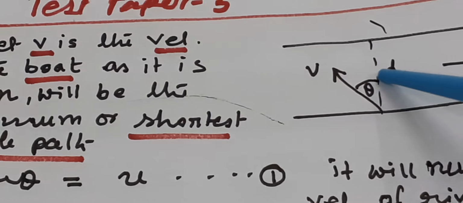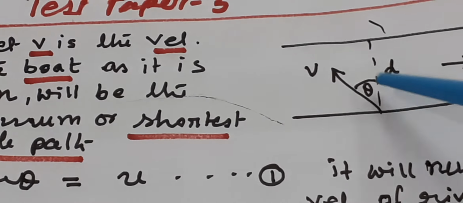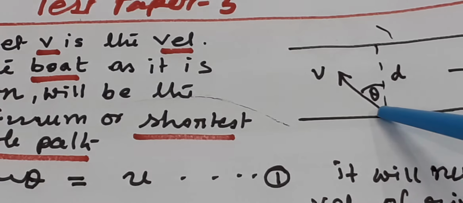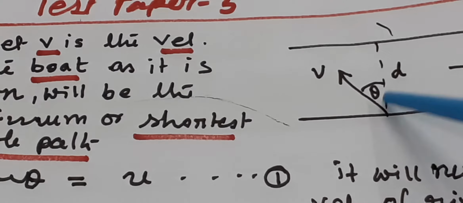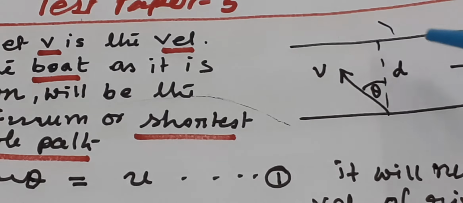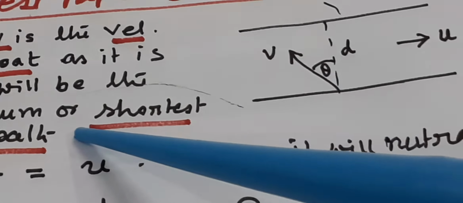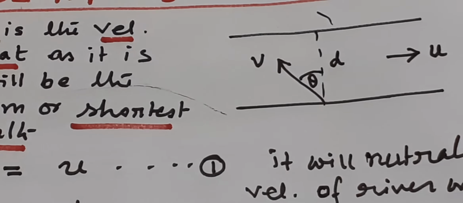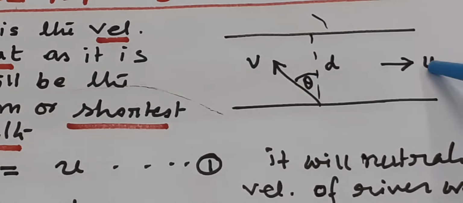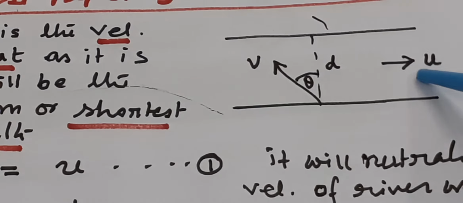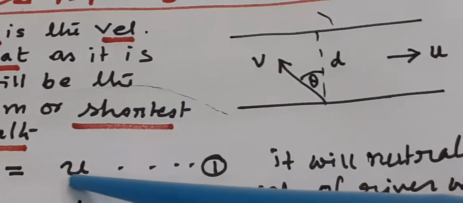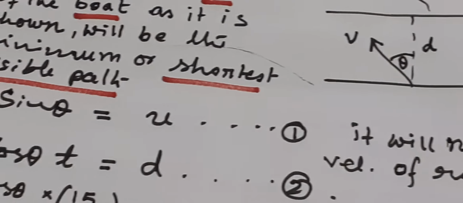Now V cos theta will be responsible for this distance travel. And what about V sin theta? V sin theta will counter the river current, that is u. It will balance this river current. In this way we can solve this problem.